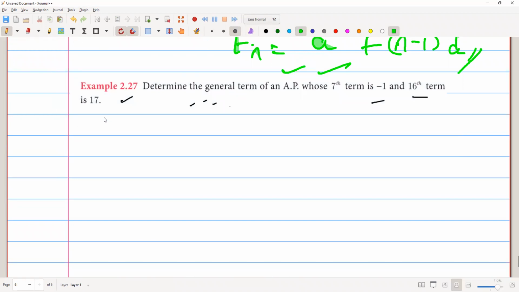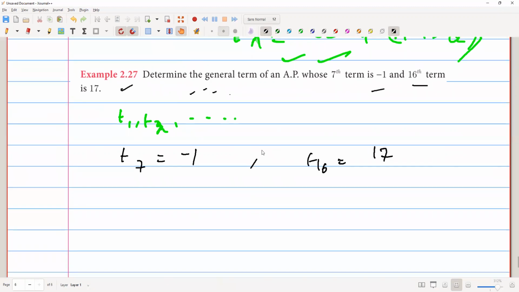What they are given is T7 equal to minus 1, then T16 equal to 17. This is what they are given.